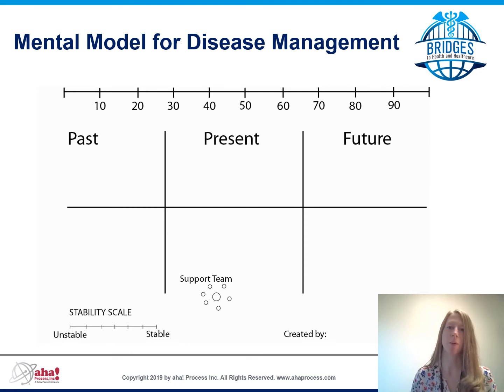The scale at the top represents a lifetime of 90+ years as a way to establish the patient's age and emphasize their future. The stability scale at the lower left establishes the instability factor in the patient's life. See Stability Scale Indicators in Appendix F of your book.